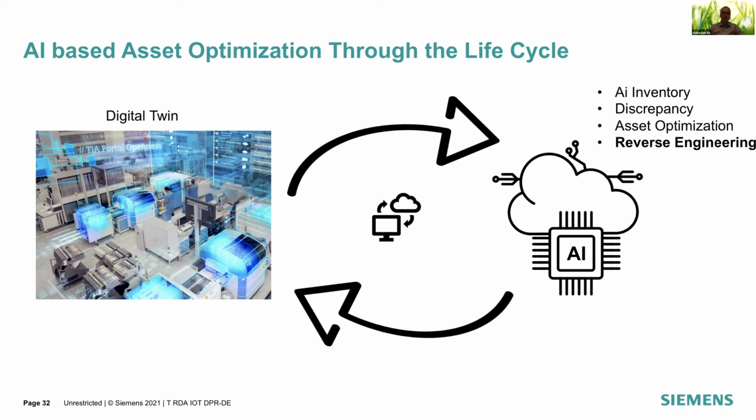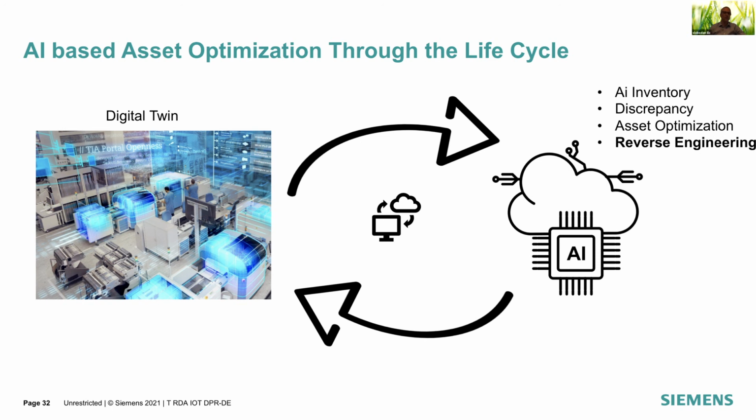Okay, as a concluding remark, I just want to connect the AI at the high level with the asset optimization throughout the life cycle. In the previous example, you saw that there was no AI involved in the factory planning.